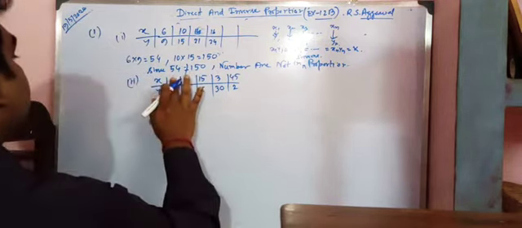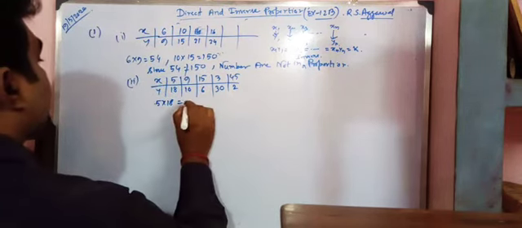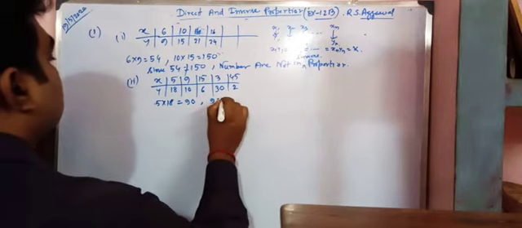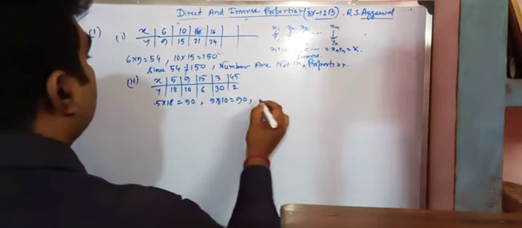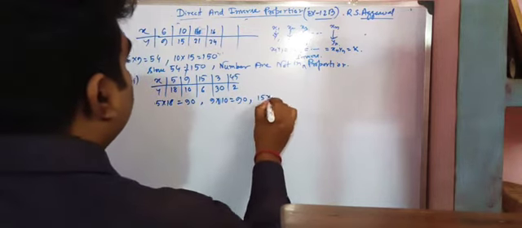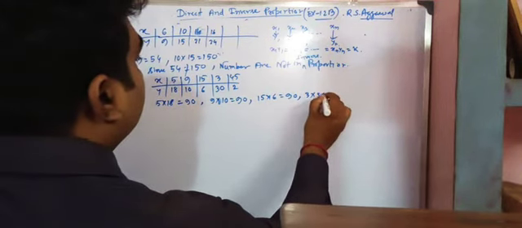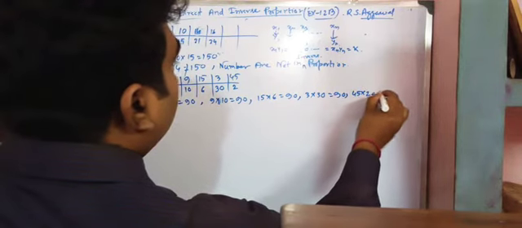Here we multiply all of these: 5 into 18 means 90. 9 into 10 means 90. 15 into 6 is equal to 90. 3 into 30 is equal to 90. 45 into 2 is equal to 90.